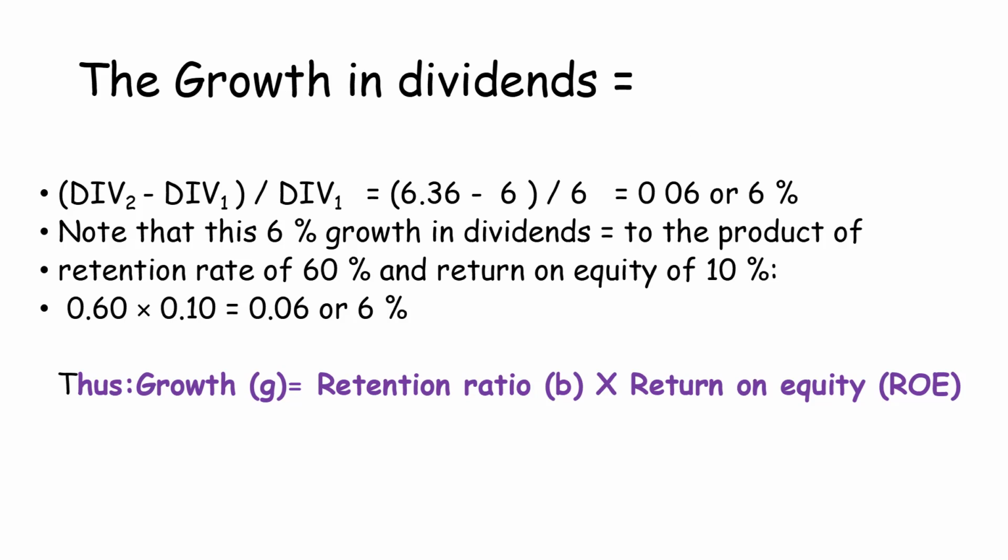It is the same as the formula we had taken earlier: b times return on equity. Here b is 60% and return on equity is 10%. If you multiply 60 by 10, you get the same 6%.